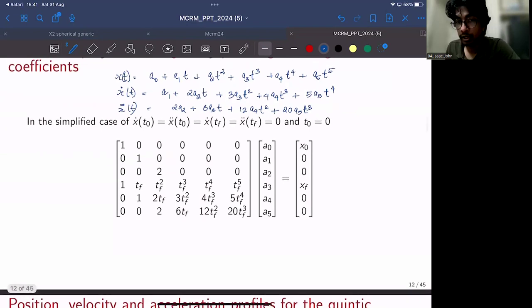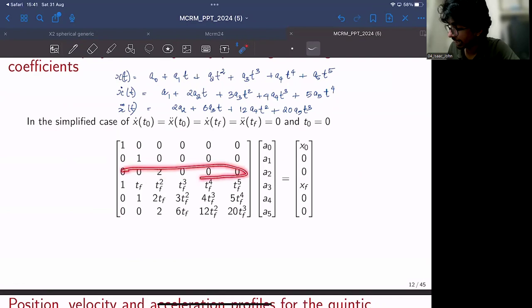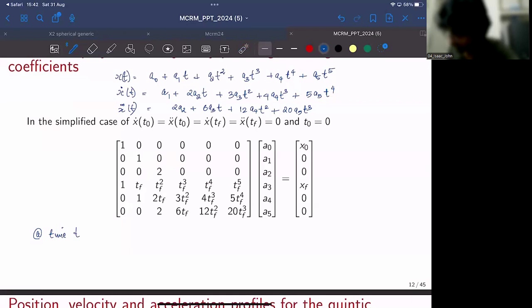right? So the third equation basically corresponds to the initial acceleration. If you consider your initial time to be 0, and you want your initial acceleration to start at 0, then x double dot of t at 0 should be 0.